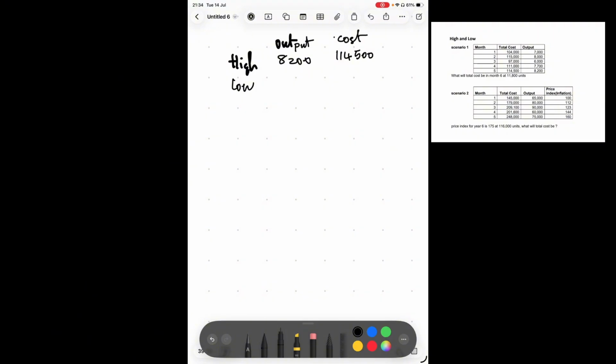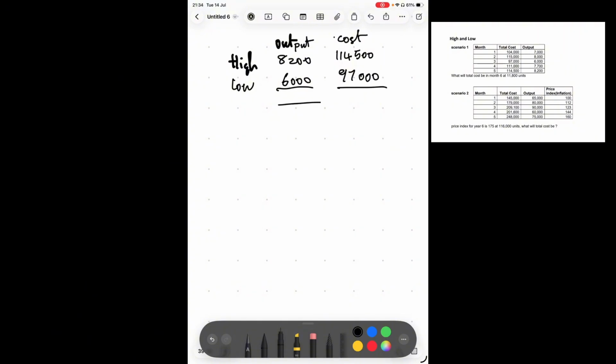The lowest output there is 6,000, and the corresponding cost is 97,000. Sorry, I was mixing up the numbers.